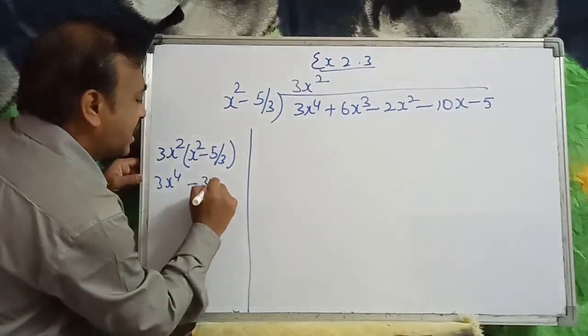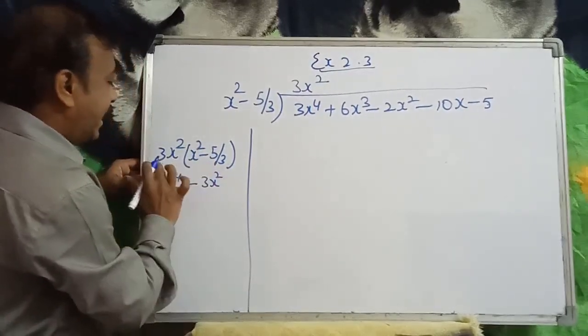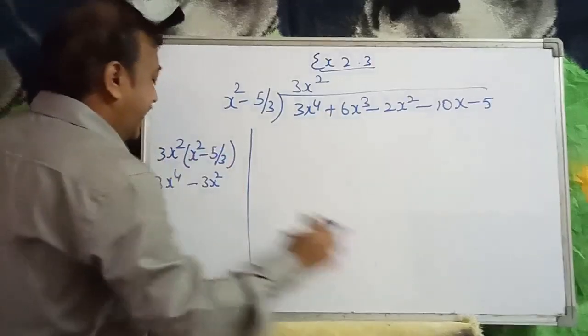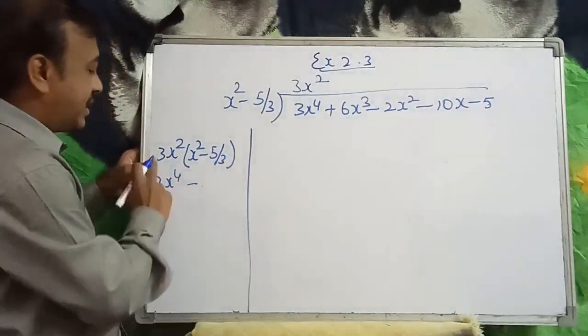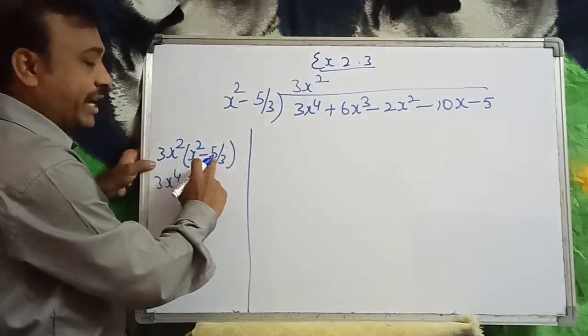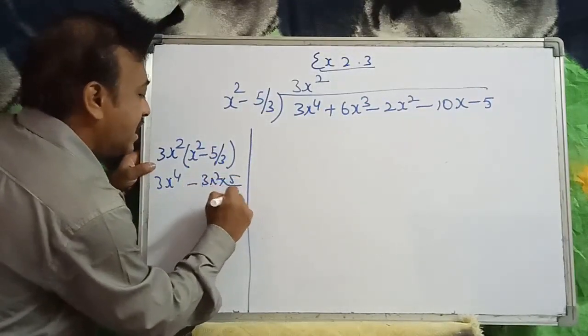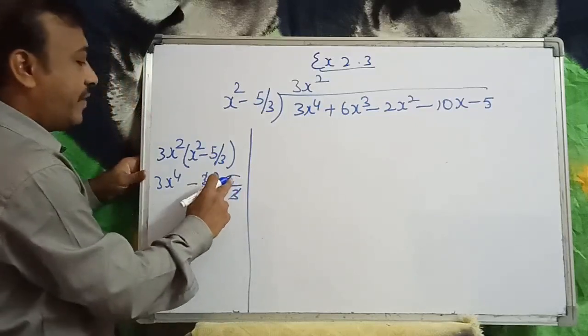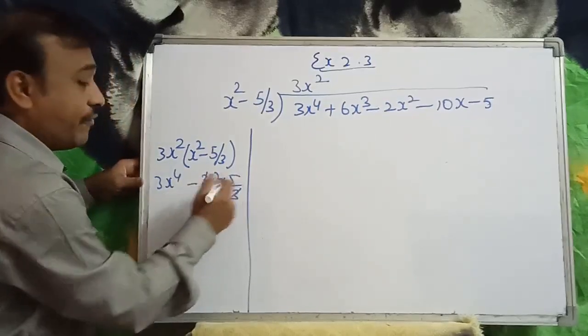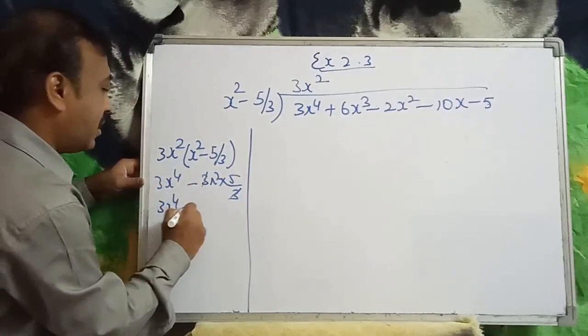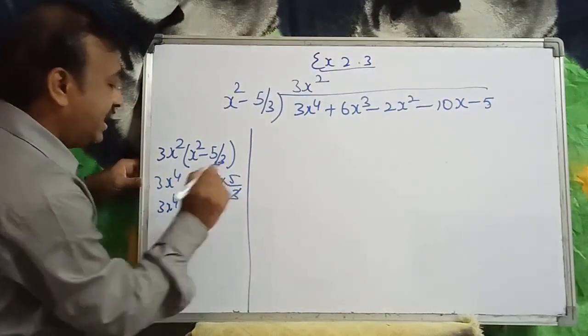Observe, this is a fraction. 3x square into 5 by 3, the 3 gets cancelled. You have 5 into x square, that is 5x square.